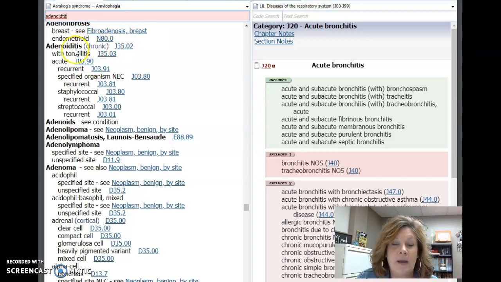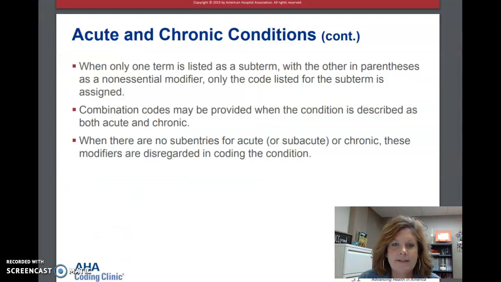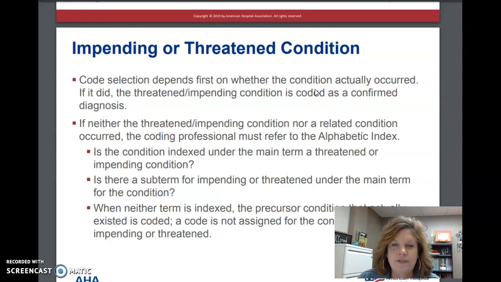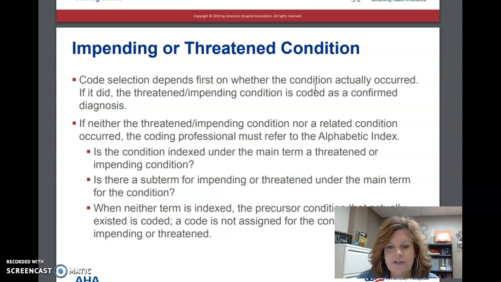At that point, I would only code the chronic if it was down here, vice versa. All right, so again, that's acute, impending threat, and conditions. The code selection depends first on whether the condition actually occurred. If it did, then you're going to code it as confirmed. Again, the big thing here is to look at the documentation of the physician.